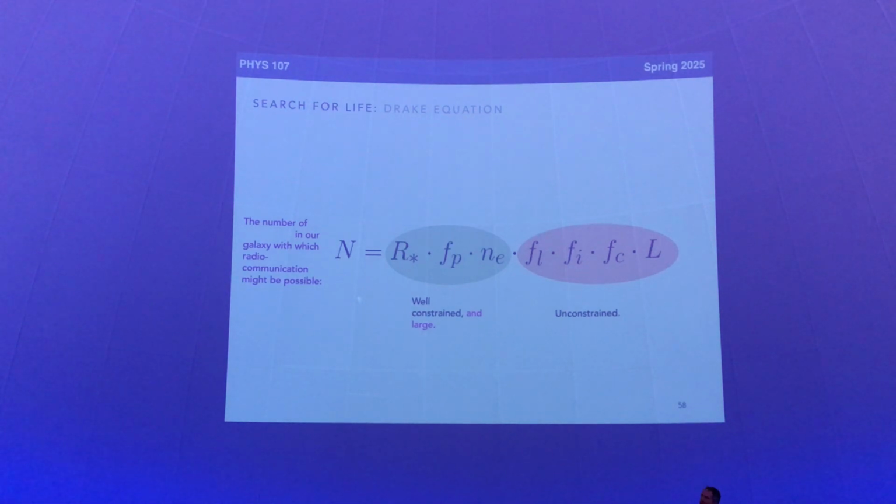Here's the fun part. This we now have constrained. We know how many stars are being formed in our Milky Way. We know how many of those have planets, all of them, so that fraction is basically 100%. And we know how many typically are formed per solar system, more than one, several in fact.